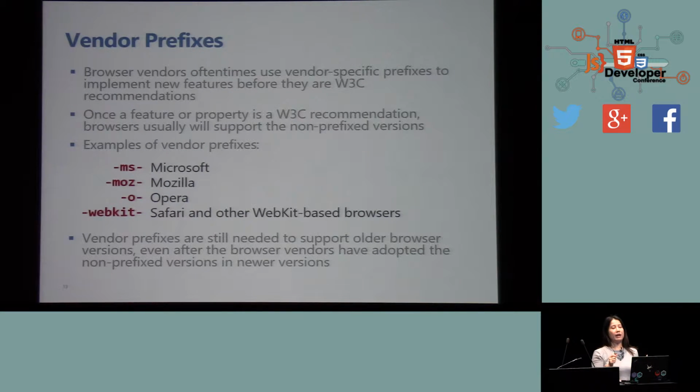So they say, okay, because it's not final yet, I will put a prefix to represent a different implementation for each browser. Hence, we have the CSS prefix. For Microsoft browsers we have ms, for Mozilla moz, for Opera o, and Safari and others like Chrome all use webkit. So you probably see webkit quite a lot.